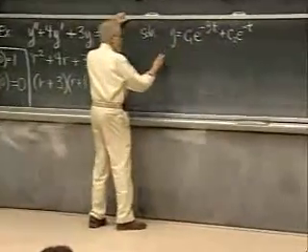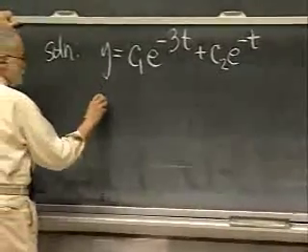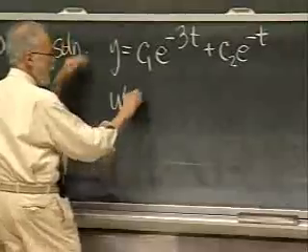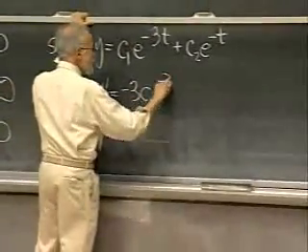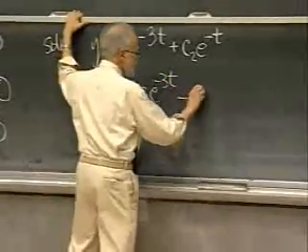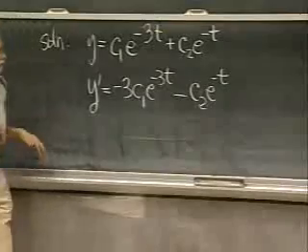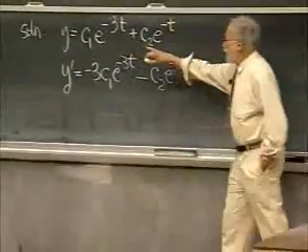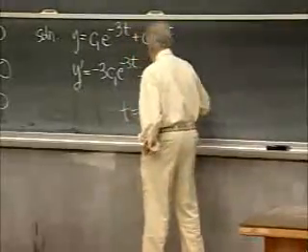All right, so let's substitute. We're going to have to calculate the derivative, so why don't we do that right away? So this is minus 3c1 e to the minus 3t minus c2 e to the negative t. And now if I substitute in at t equals 0, what do I get?